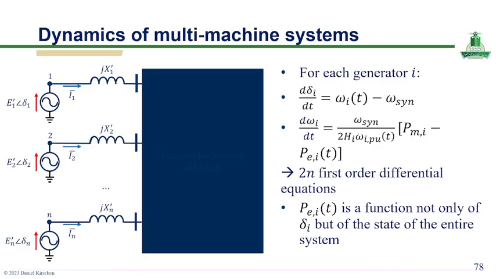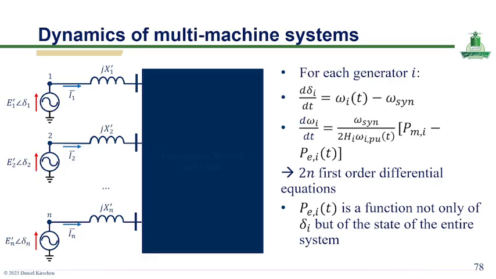The first equation describes how the rotor angle changes relative to the synchronous speed, while the second equation represents the swing equation relating acceleration to the difference between mechanical input power and electrical output power.